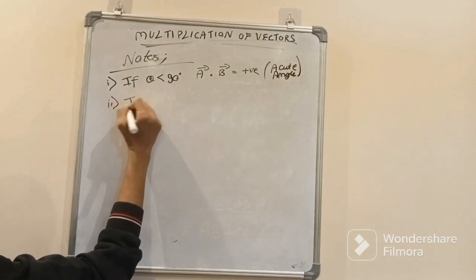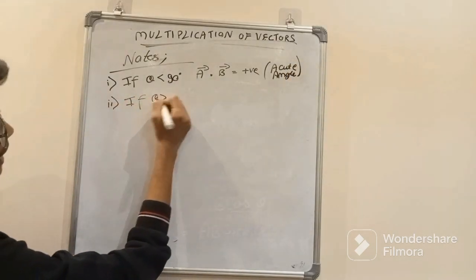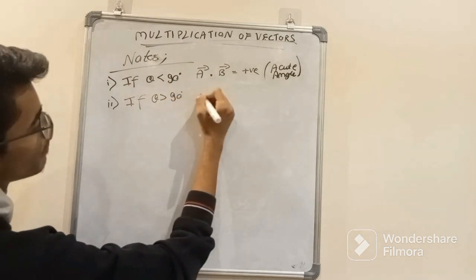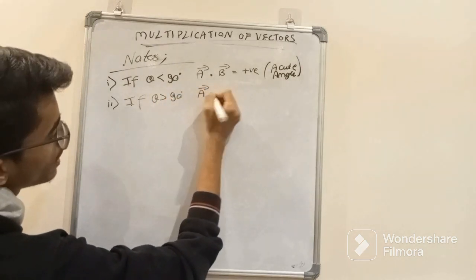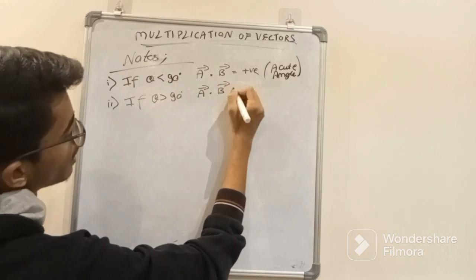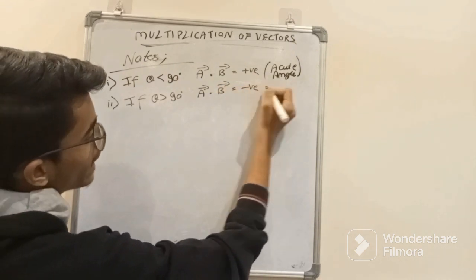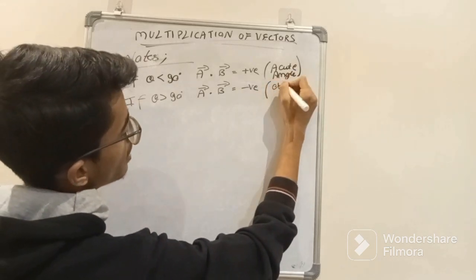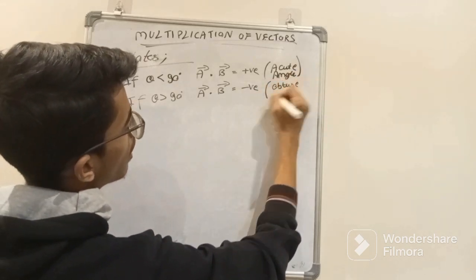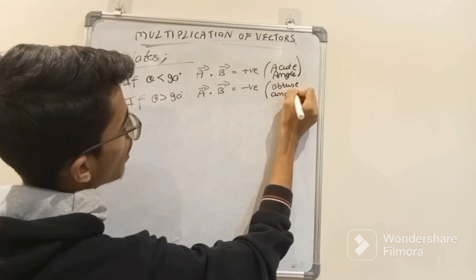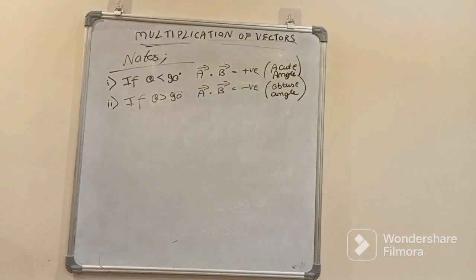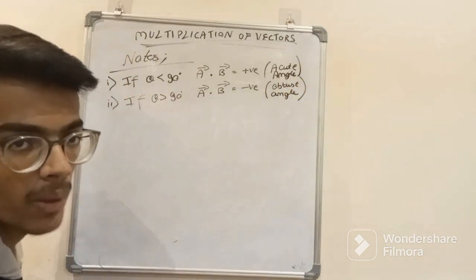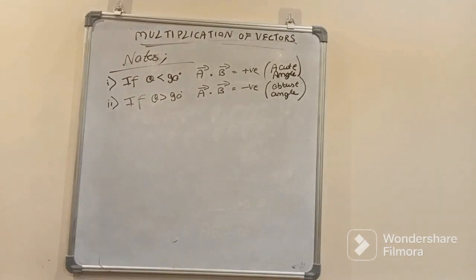Second, if theta is greater than 90 degree, then a vector dot b vector will be negative. That means the angle formed will be obtuse in nature. अभी हम सिर्फ डॉट प्रोडक्ट के बारे में बात करेंगे इस वीडियो में.